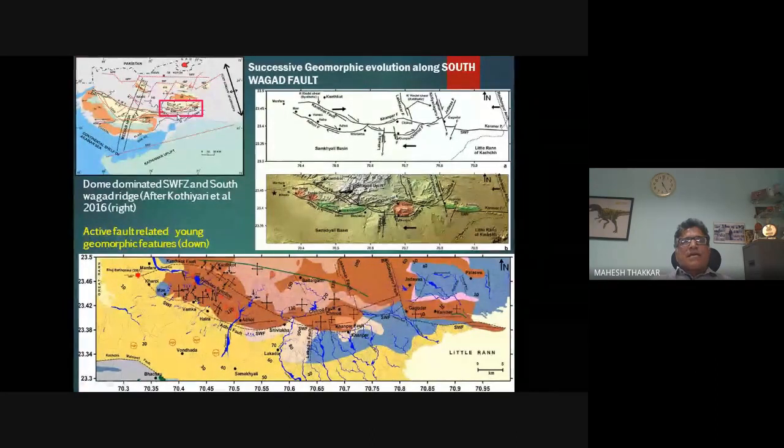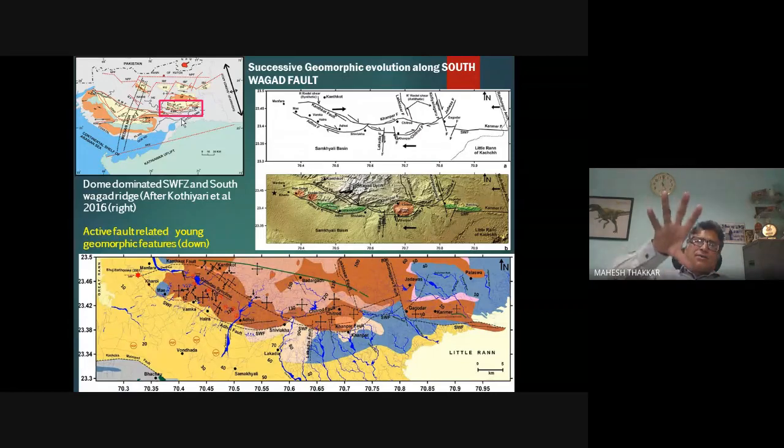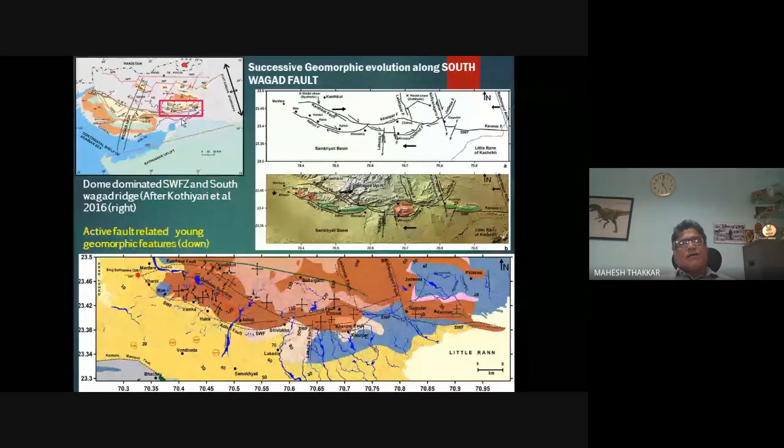Basically it is majorly the same fault system, but in the later phase, when the strike-slip component was added during the northward anticlockwise motion of the Indian plate, this particular fault was generated. That is why it is very complicated in its nature.